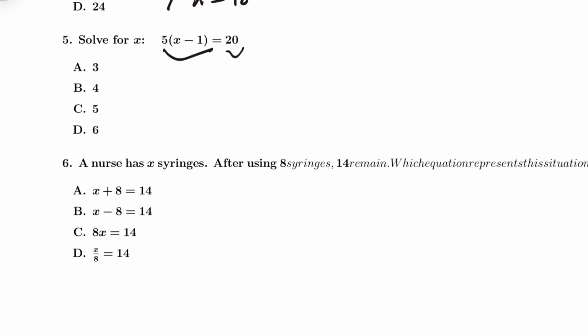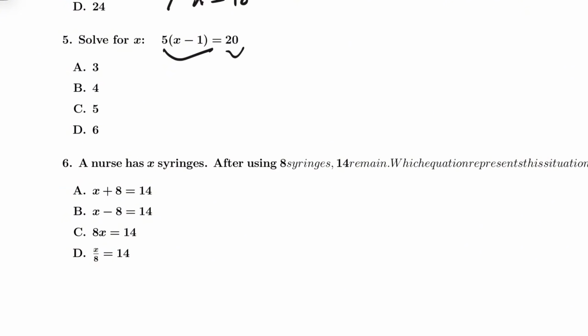You know, BODMAS: brackets, powers, division, multiplication, addition, then subtraction. That is the order of operations, right? Now, multiplying a bracket, we use what is outside the bracket to multiply all that is inside the bracket. What do we mean by this? 5 is outside the bracket, 5 will multiply x, and 5 will also multiply -1, right?